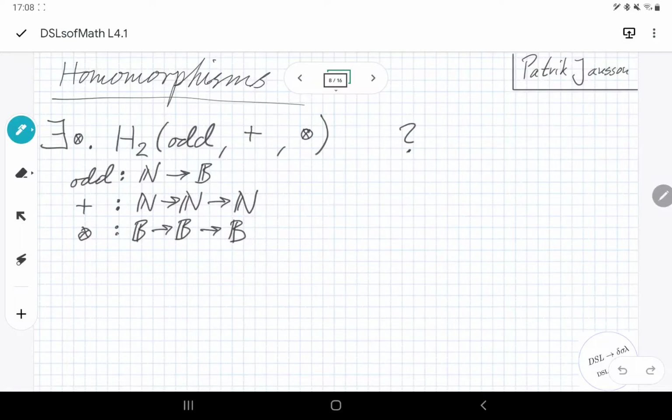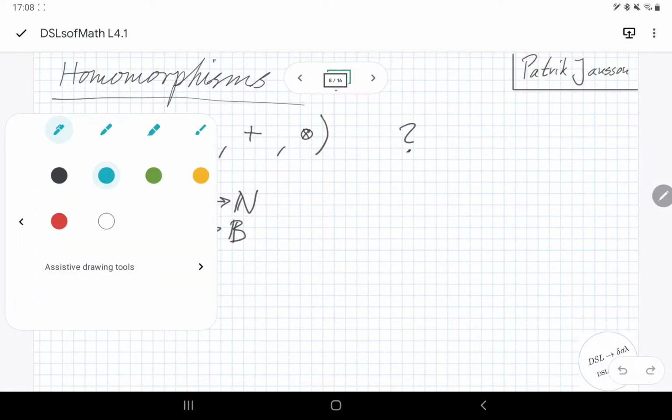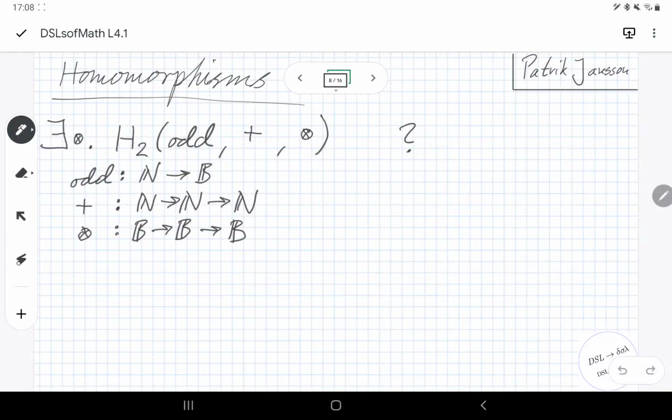So here's the question then, what is h2? So we have to type out the definition just to see what we're doing. So if I write the whole proposition again, it says there exists an operator cross, and here I can be more specific and give it the type that we inferred.